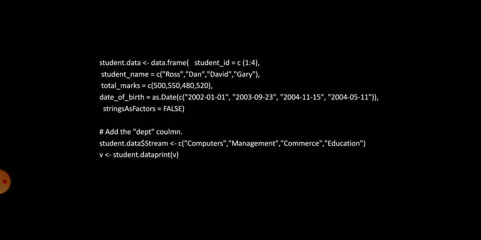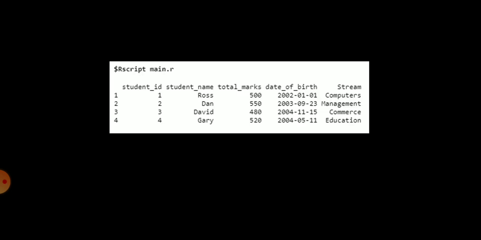So here we have created a new vector which contains the stream of the student and we have simply added it to the data frame. Here is the output. So we can see, in addition to the 4 columns which originally existed in the data frame, like student ID, student name, total marks, date of birth, we have an additional column as stream.